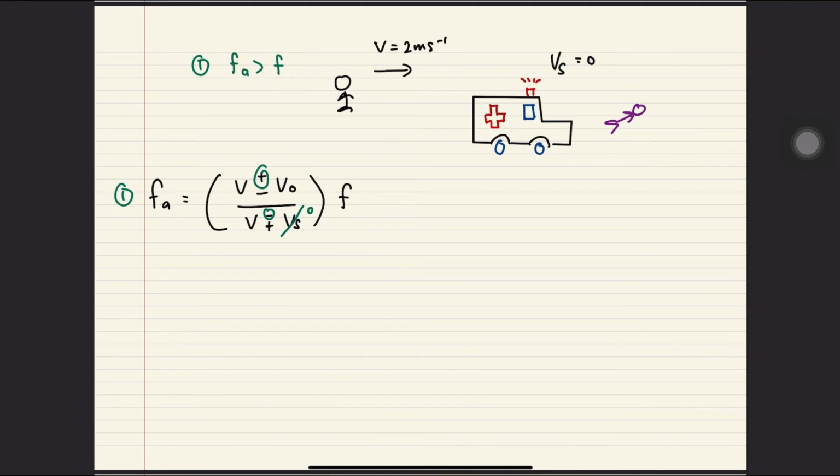And then once this person gets over here, maybe he's scared of the blood or something, and this person is running away from the source. Okay, you have the second situation now. Let's put this one as VO, observer.